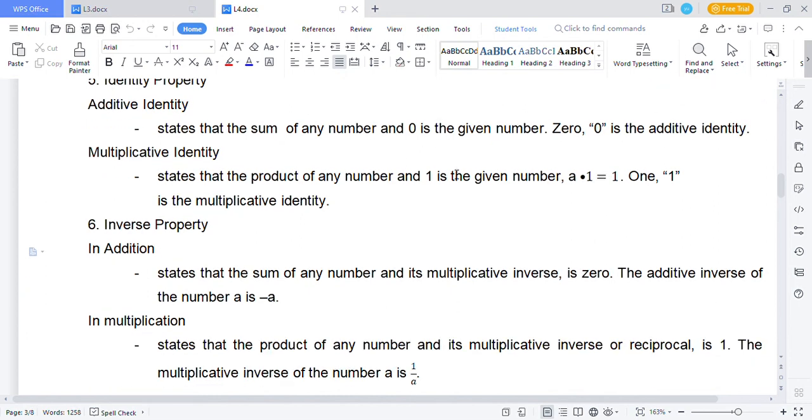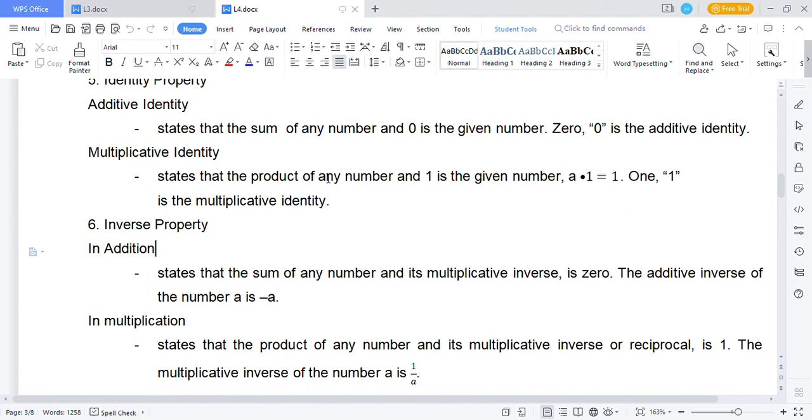So, sa inverse nato, unsa pa to? Kung unsa ang ato i-add para mahimo siyang 0 sa addition. Again, ang ato additive identity is 0. So, dapat ang ato inverse kay kung unsa ang ato i-add na mahimong 0 ang kana nga number. Sa multiplication, unsa ato i-multiply na mahimong 1 ang answer.